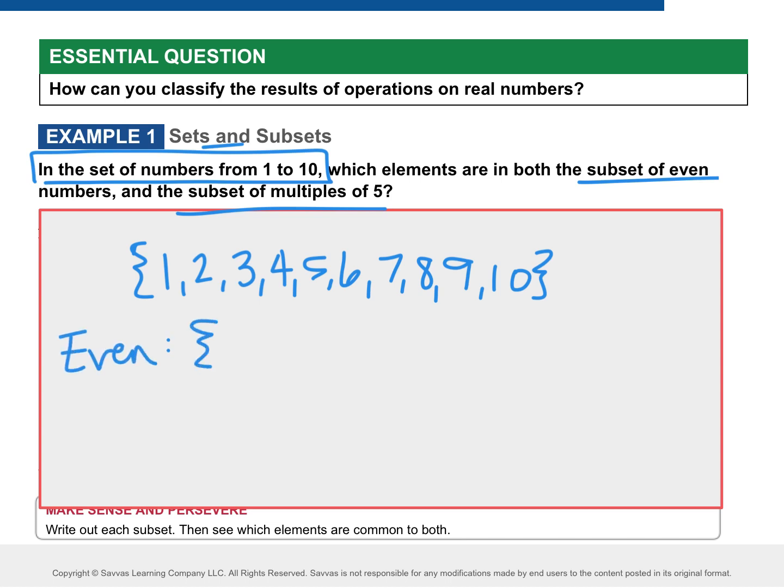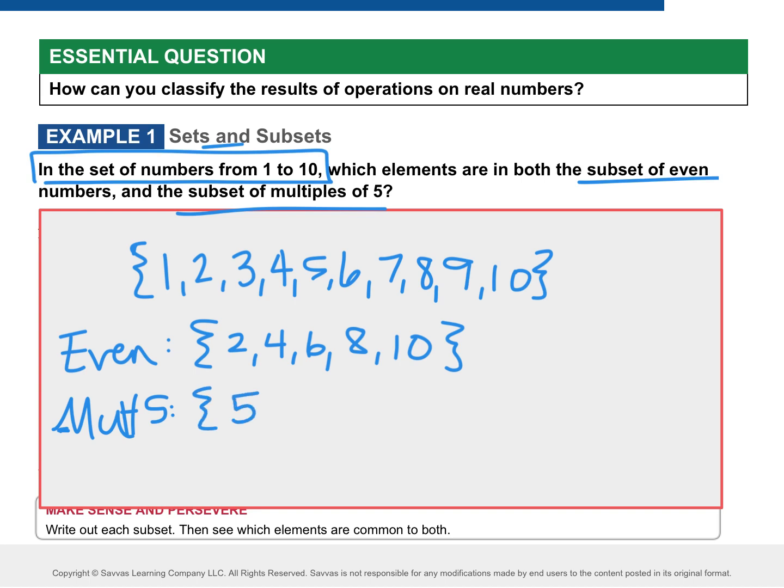So obviously even numbers can go on forever, but I'm specifically talking about the ones within this set. So notice that I'm going to stop at 10. And then I'm also going to list out my multiples of 5. And those are going to be, again, in this set, 5 and 10.